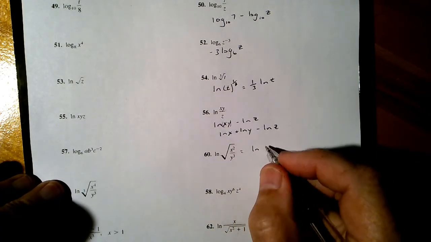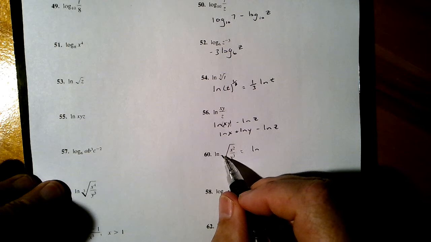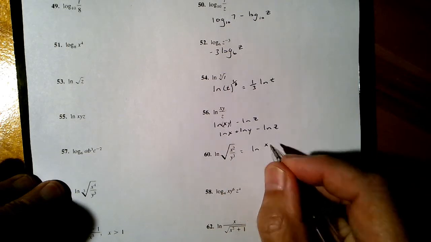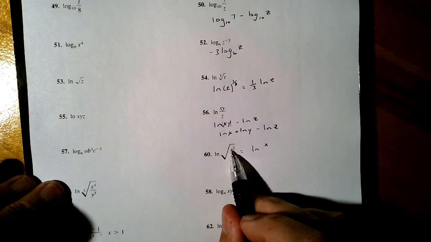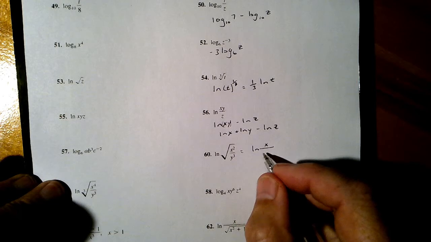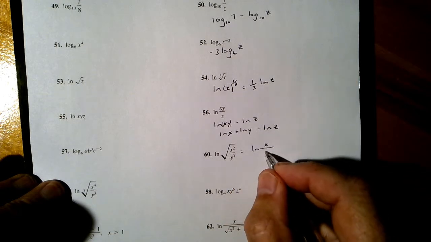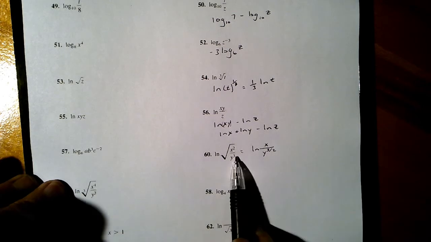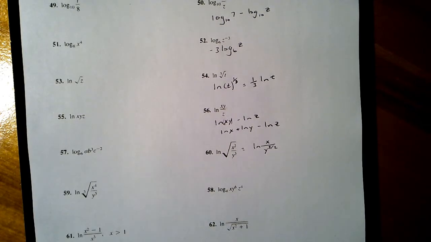Okay, ln. This is the square root of x squared, which is x. Now, truthfully, it's the positive value of x. Over the square root of y to the 3rd, that would be y to the 3 halves. It's y to the 3rd to the 1/2.